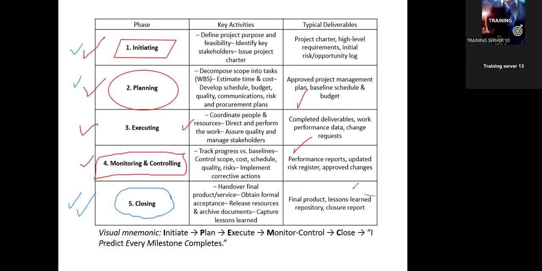So during that final report and closure report, we have to know very well if we made some mistakes. We have to be aware of these mistakes in the future.